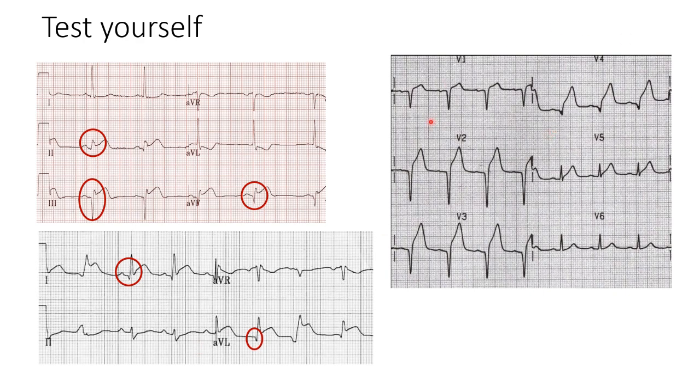Then let's look at our last one. Over here, we see pretty prominent Q waves in V1, V2, V3, and in V4 as well. So we can say that this is affecting the anteroseptal region, and it is also accompanied by ST elevations. So it is an acute MI.